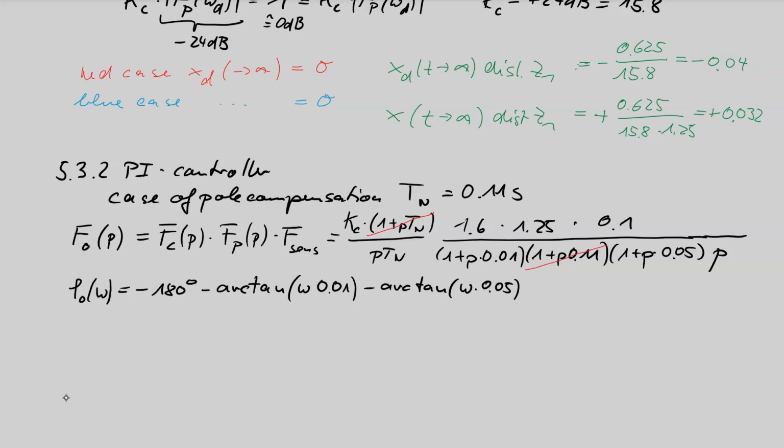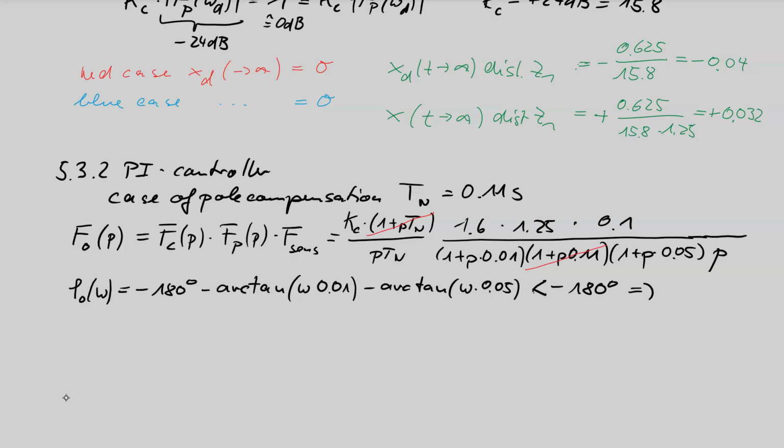If you draw this curve or look at this equation, you can very easily see this phase is for any frequency more negative than minus 180, because the minus 180 from the both integrators is subtracted with two arctangent functions of the PT1, so the phase is more negative than minus 180.